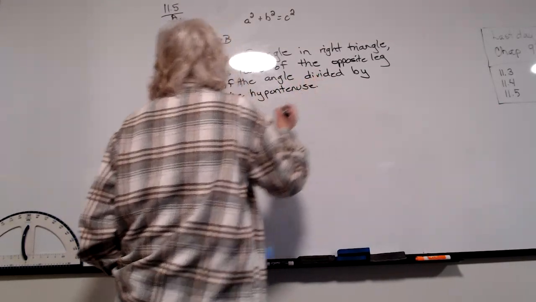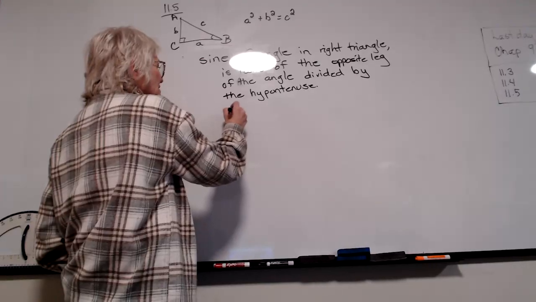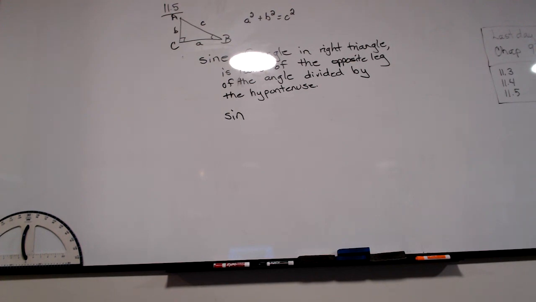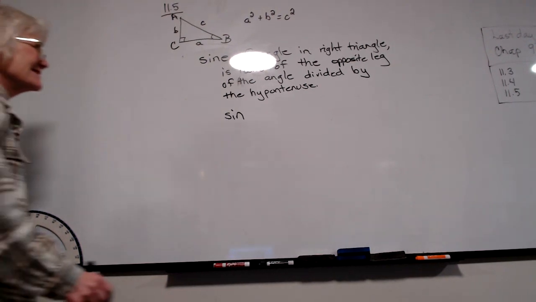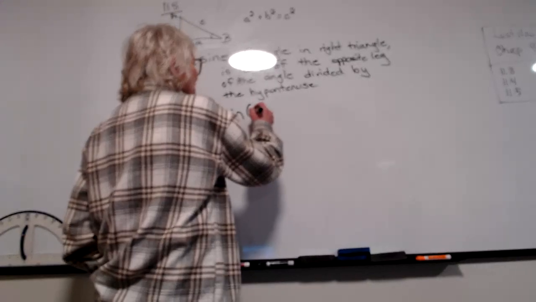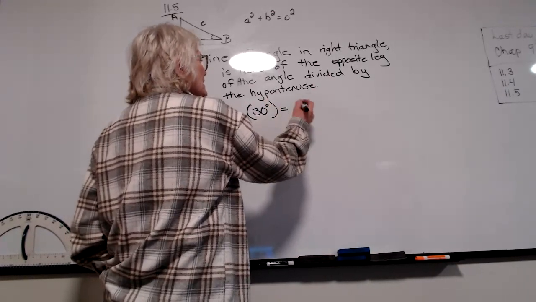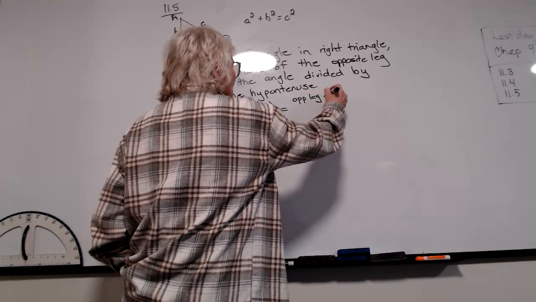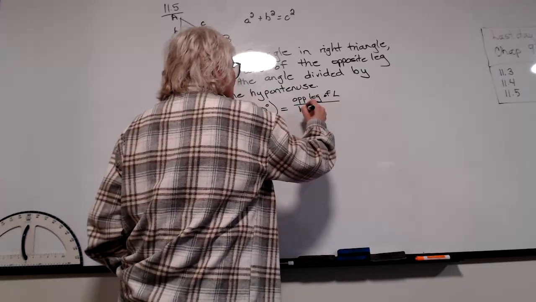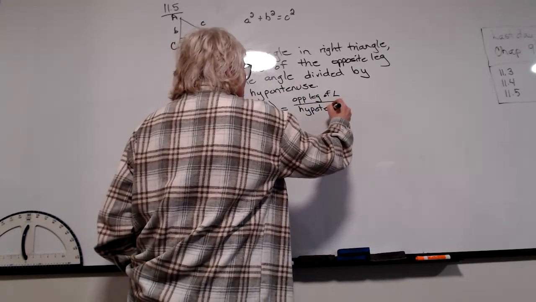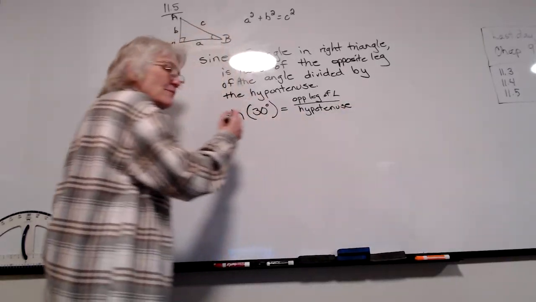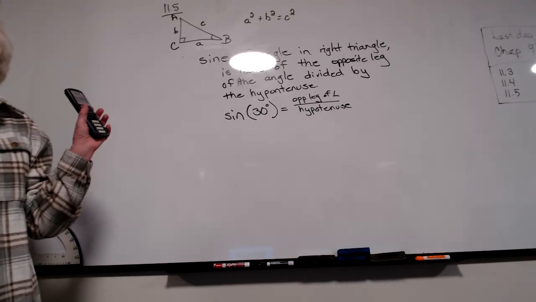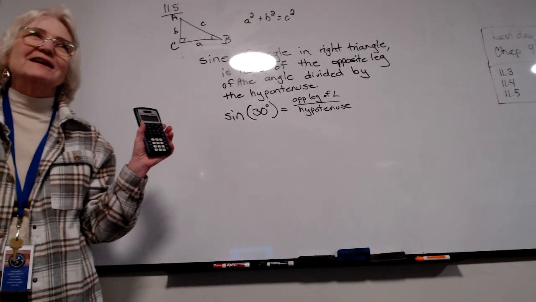So really, if you have a sine, which we abbreviate just sin, a lot of people will say sin when they see that. It's really the sine, okay? The sine of an angle like 30 degrees is really going to be the ratio of the opposite leg of the angle and the hypotenuse. If I wrote 30 degrees in there, on your calculator you will see a sin button, or a sine button, S-I-N.